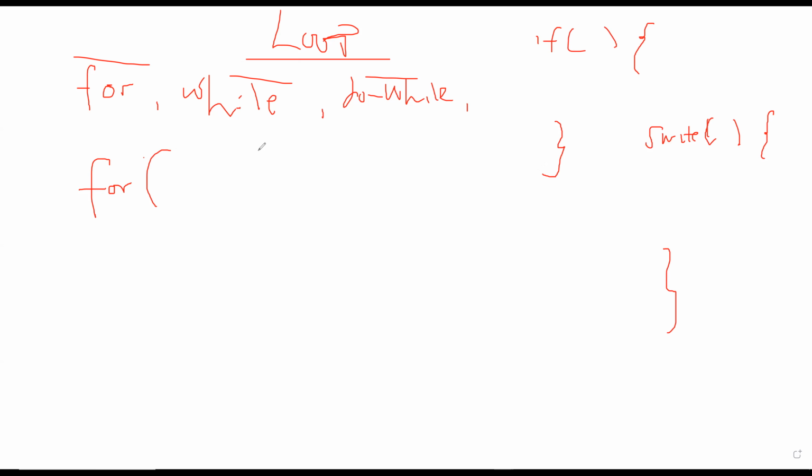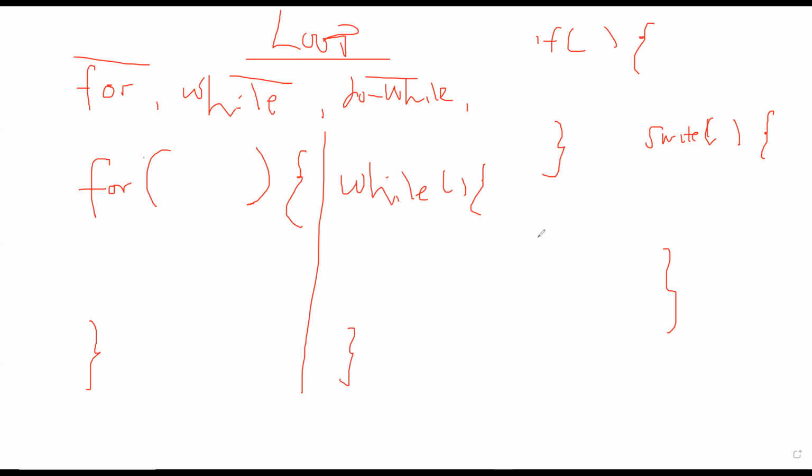Similarly, the for loop is in that format also. The while loop is in that format also. The only one that is slightly different is the do while. Do the code block, then you check the condition here while a certain condition is true.